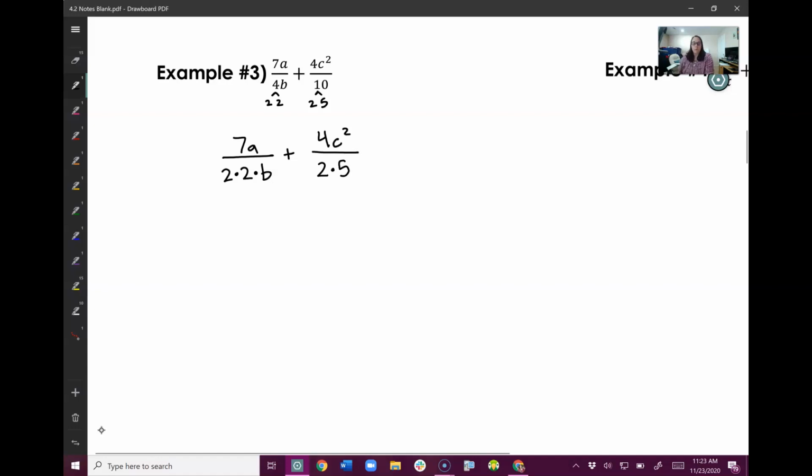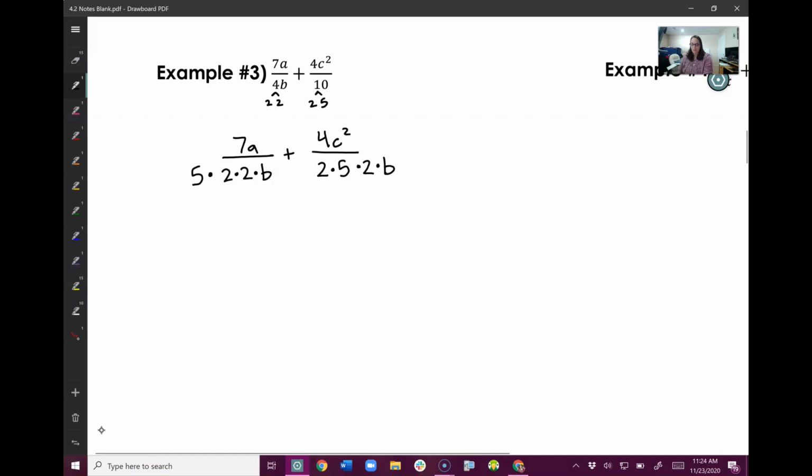And now I'm going to multiply by what they're missing. So if I look at this one and compare it to that one, it looks like this one is missing a 5. And then if I do the same thing, look at this one and compare it to that one, looks like this one needs another 2 and a b. And now they both got 2 2s, a 5, and a b. So they're going to be common.